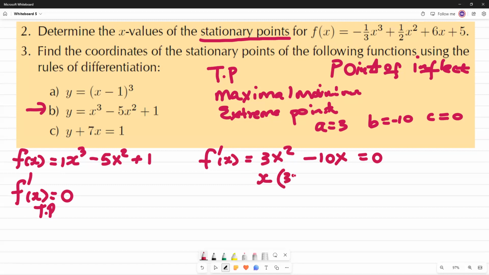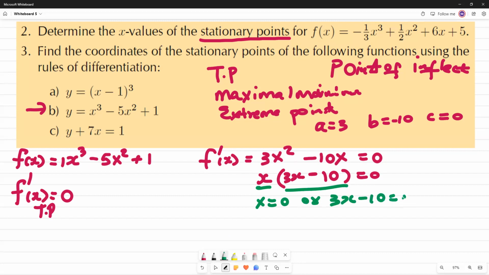Here I'm left with 3x, so that when I multiply back, I'll still get that. Then the negative is there, then I'm left with 10 equals 0. Then this factor will be equal to 0, so x equals 0, or 3x minus 10 is equal to 0. And then we can see that 3x equals 10, then x equals 10 over 3 if you divide by 3 both sides.